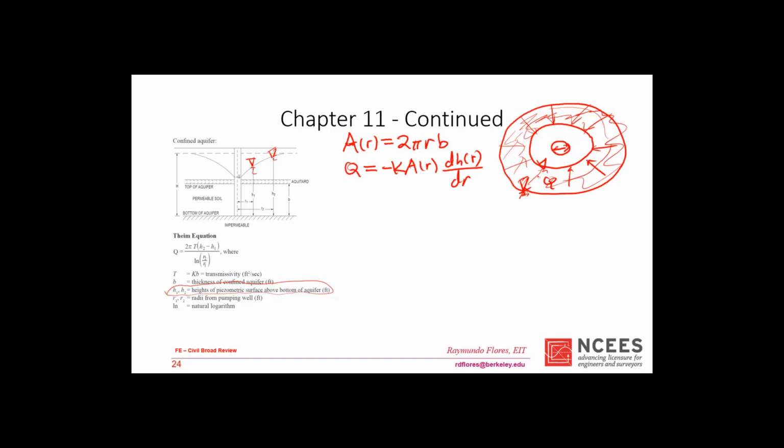But in the case where we're using the Thiem equation simply to get the total, because this is general, if we're going to get the total discharge into the well, then you would have to modify the equation so that R1 is R well.